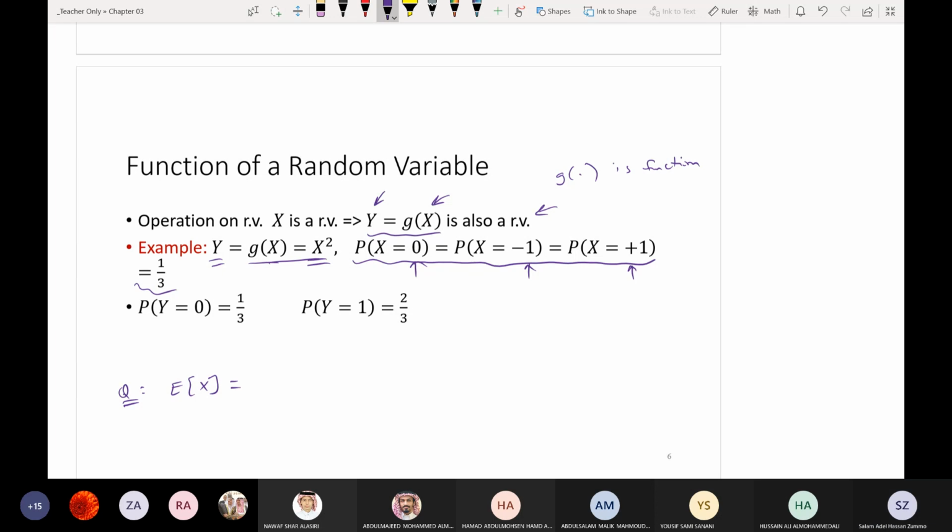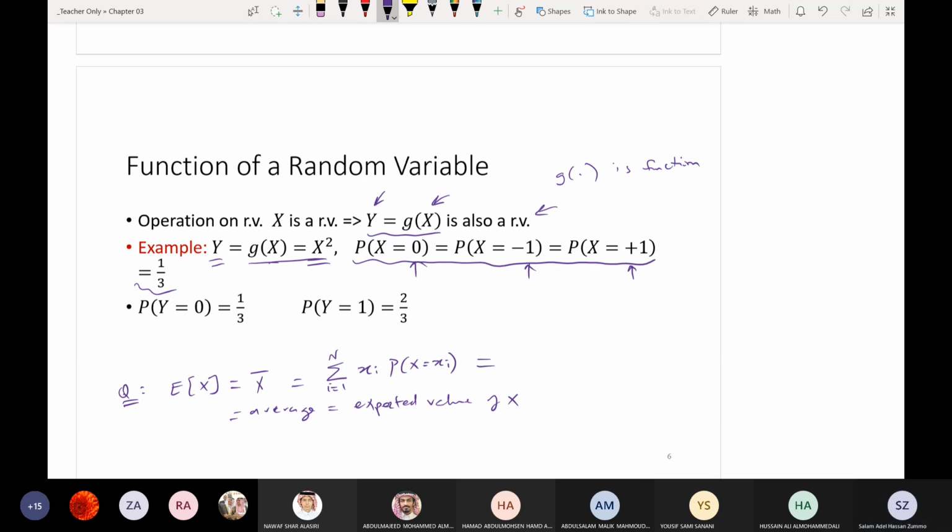Shabab, how do we do this? What is the expected value of x, what we called x bar, the average? Expected value. How did we do this? We sum over all values of x multiplied by the probability of x equal to that value.